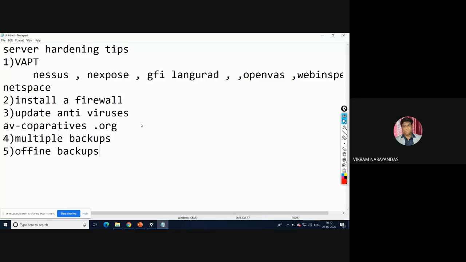So maintain offline backups. At that time, an offline backup will help you so much.